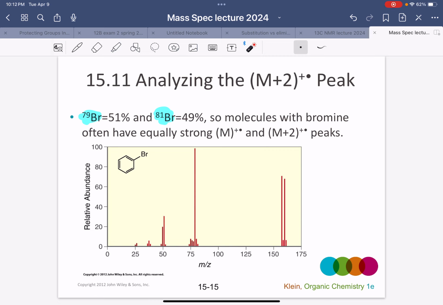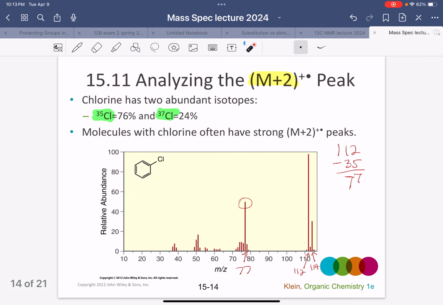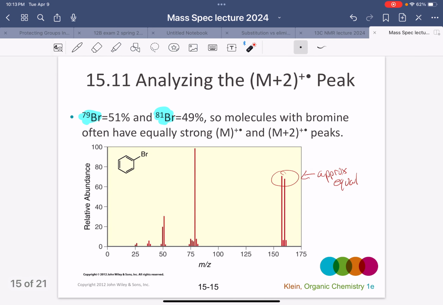So if you have an M plus peak and an M plus 2 peak that are approximately equal, that means you have a bromine. Okay, so if you know you have a halogen and you see this at your M plus and M plus 2 peak, you know that's bromine. That is different than if you've got chlorine. Okay, 3 to 1 versus 1 to 1.